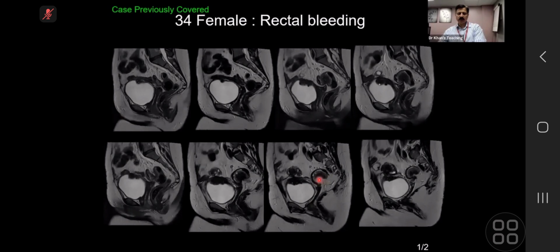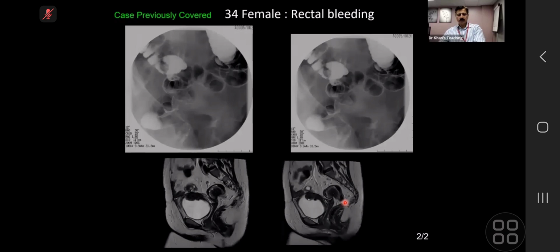The key finding is that this is low in signal intensity on T2 weighted sequence because of hemosiderin. In our case, there is a hysterectomy, and there is another deposit sitting on the posterior surface of the bladder. You can well imagine that at the time of menstruation, this patient must have hematuria as well as melena.